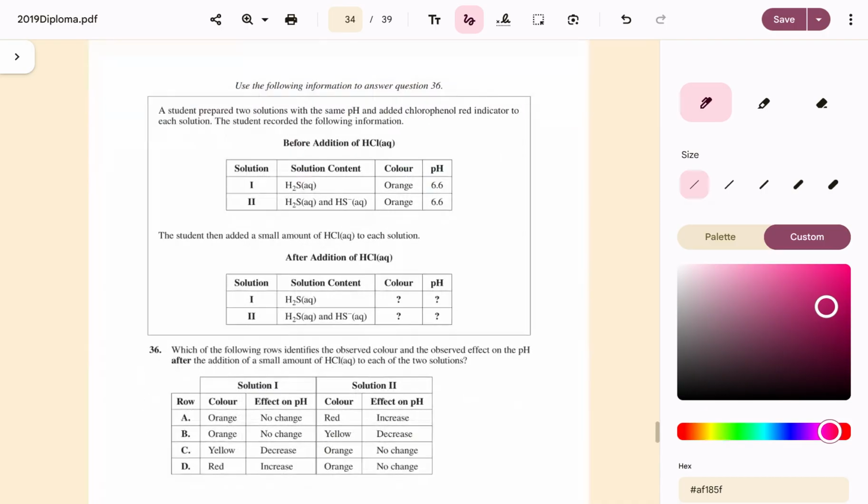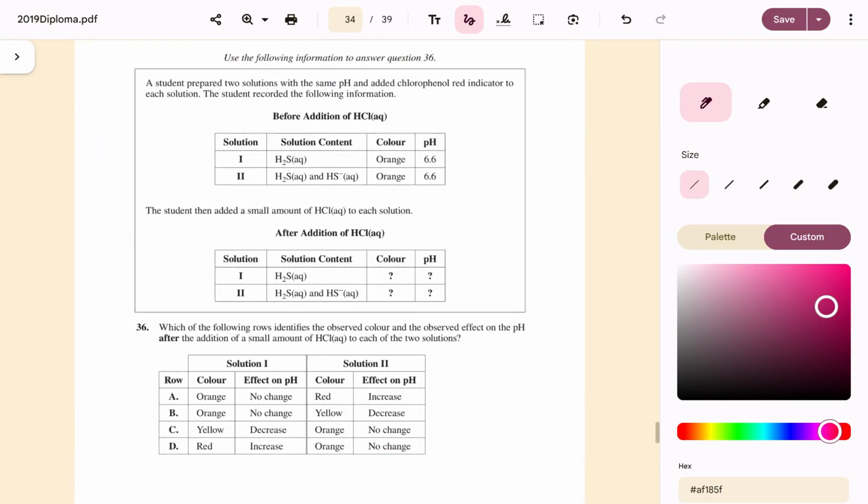Now moving on, this one is about indicators, and as in the last video, I'm having trouble flipping into my data booklet. With my data booklet, what I would want to look up is the information about chlorophenol red. This indicator will change between 5.2 and 6.8.